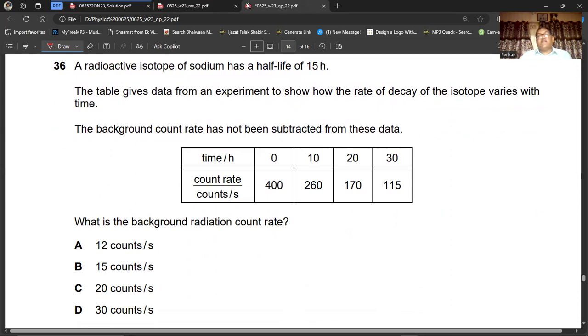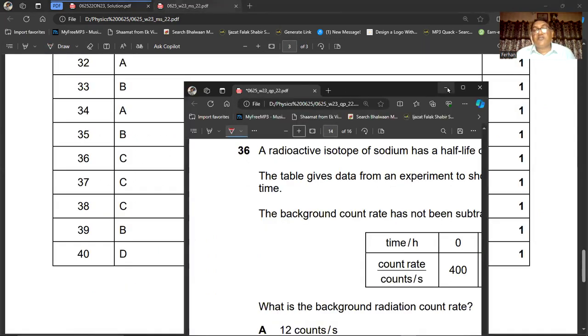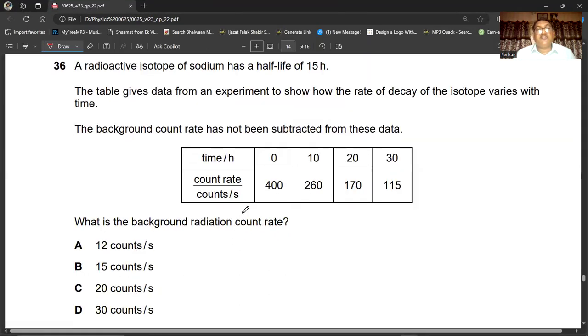Because the half-life is 15 hours, in 30 hours 2 half-lives would have passed. One half-life is 15 hours, so after 30 hours, 2 half-lives have passed. When 1 half-life passes, what remains is 1/2. When 2 half-lives have passed, how much of the original isotope is left is 1/4 of its original value.